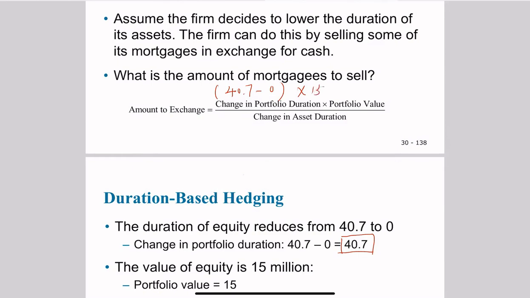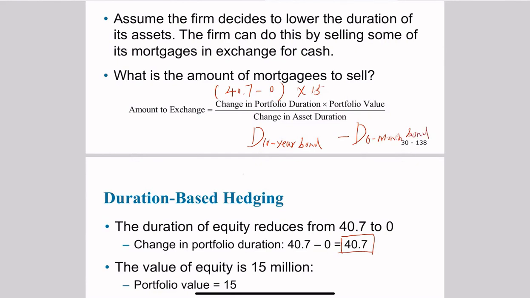What is the change in asset duration? So what is the asset here? Remember that we said this swap is equivalent to selling the long-term 10-year debt and buying the 6-month debt. So here, the asset duration would be the duration of the 10-year bond minus the duration of the 6-month bond.